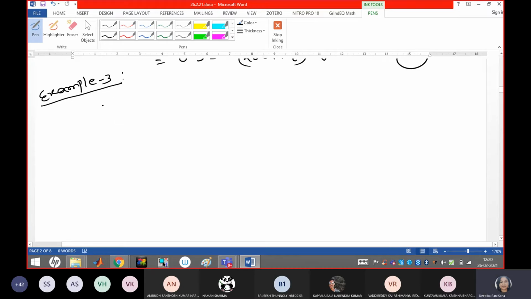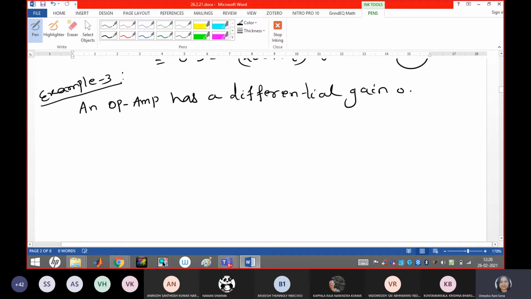Okay, the last question is, an op-amp has a differential gain of 80 dB and CMRR of 95 dB.